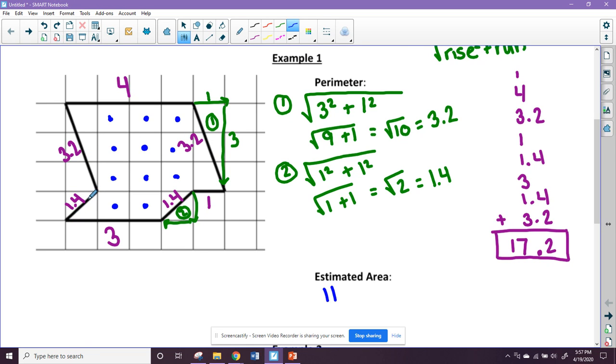So this is half, and then do we have any other halves? Right here. So this one and this one make a whole. That's another one. Let's see here. This box here and this little one here can make a whole. So that's another one. Let's bring this down.